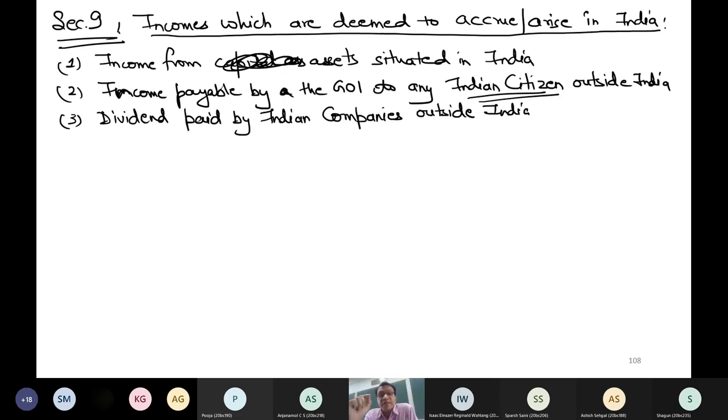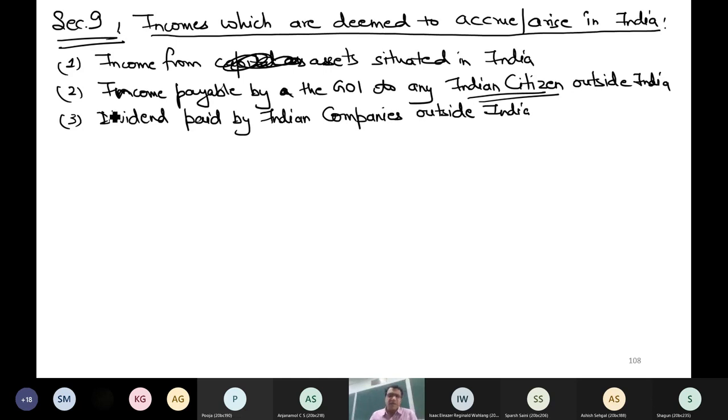If their case is covered in section 9, they have to pay tax even on these actually accrued as well as actually received incomes outside India, because section 9 is supreme over their argument that it is actually received or earned outside India. This argument will not be sustainable if my case is covered in section 9.